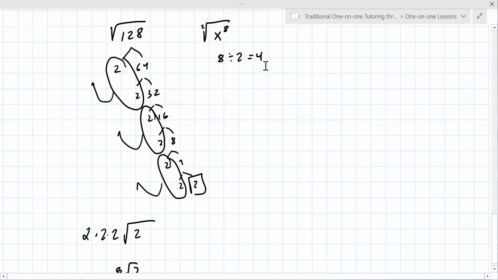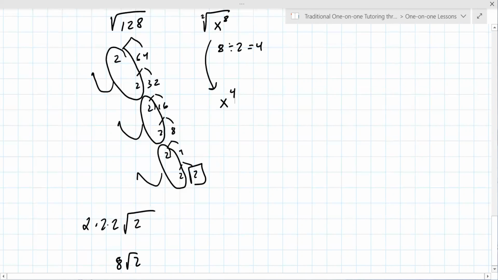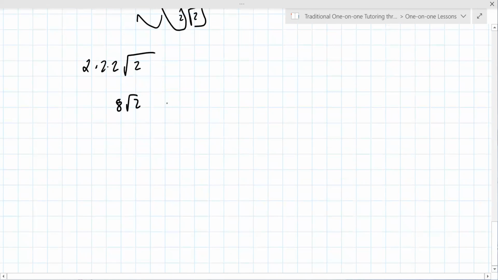So you bring out an x to the 4th. When the exponent is perfectly divided by this number, you get something really nice. So far our answer is 8 square root 2 times x to the 4th.